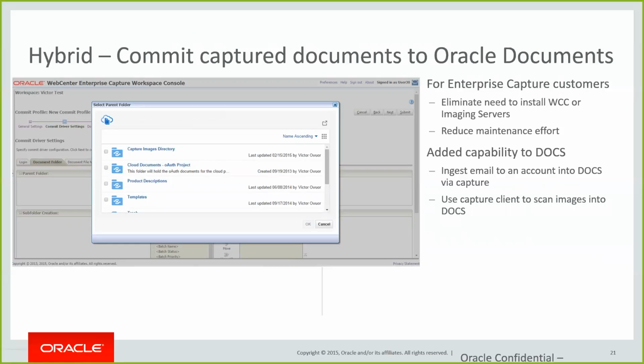You can directly save the documents in the Document Cloud Service, and you have access to all the features of the Document Cloud Service. You can share the documents. You can synchronize them with local machines.